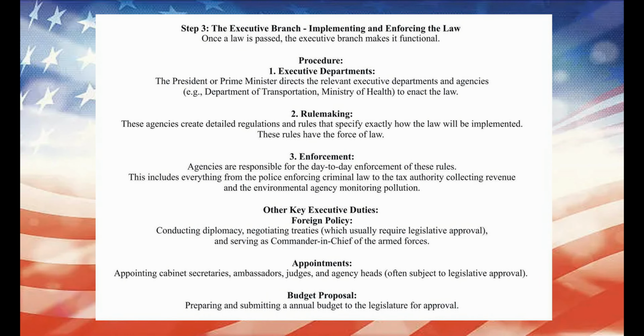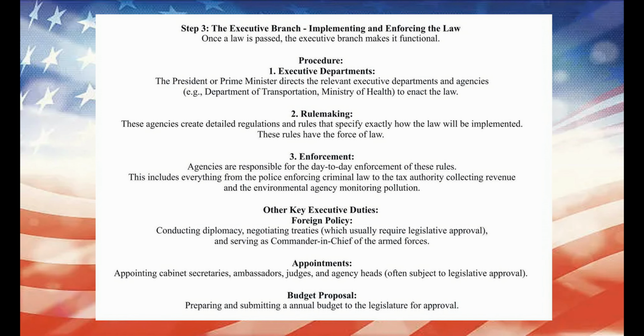Step 3. The executive branch, implementing and enforcing the law. Once a law is passed, the executive branch makes it functional. Procedure: 1. Executive departments. The president or prime minister directs the relevant executive departments and agencies, e.g., Department of Transportation, Ministry of Health, to enact the law. 2. Rulemaking.